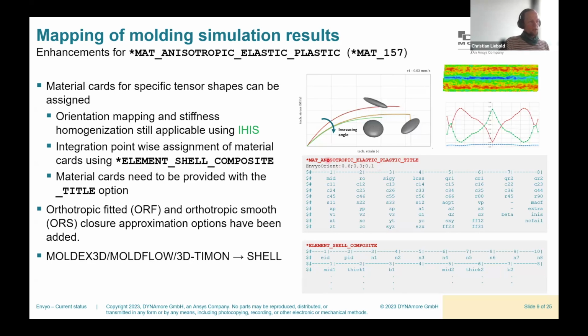Then, if you use that clustering technique with short fibers, ENVYO will look up based on the input, will search for these dedicated orientation tensor files and assign these material cards to the respective integration point, so that you would not initialize all the properties through the initial stress card, but rather have a dedicated set of material cards on each integration point.